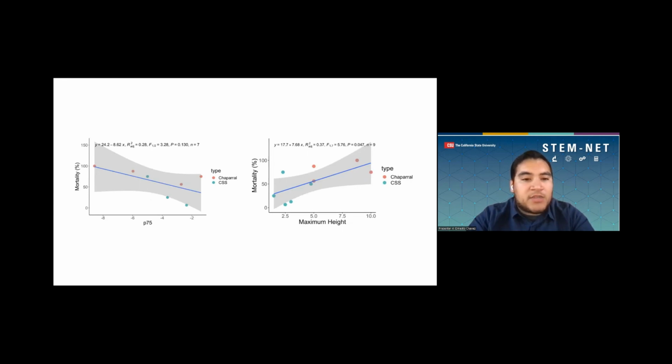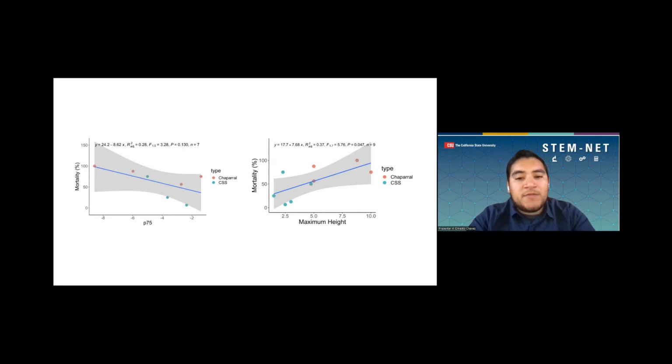For P75, again, we saw something similar: as the values were less negative, the mortality rate tended to decrease. We did see a bit more variation with this, as the chaparral were more scattered throughout the plot, but coastal sage scrub was more consistent with what we were seeing previously.